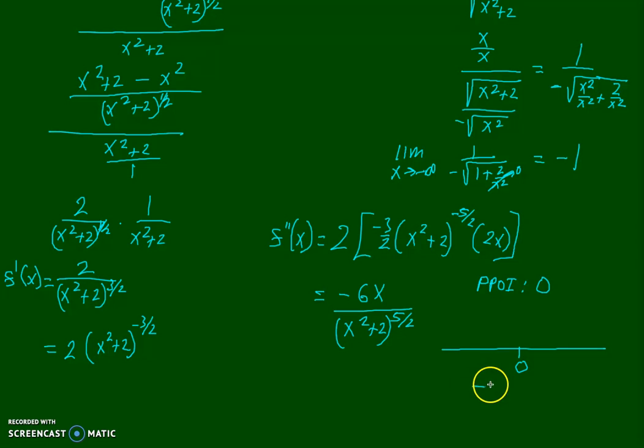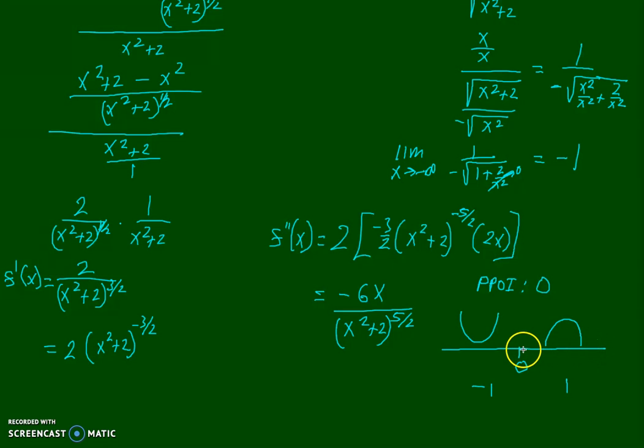So 0, negative 1, and 1. And now let's evaluate our second derivative at those test intervals. At negative 1, our second derivative is positive, so we're concave up from negative infinity to 0. And it's negative at 1, so we're concave down from 0 to infinity.